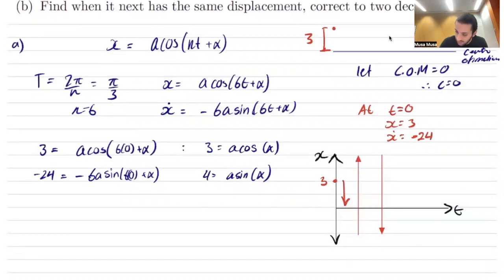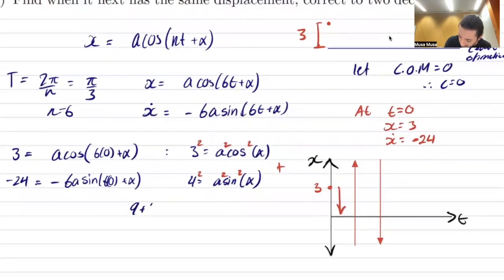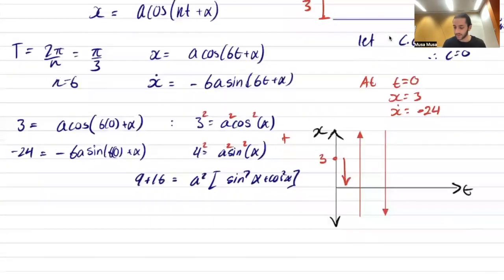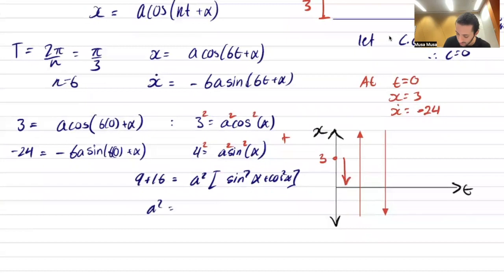Now it's kind of like back in year 11, we have to eliminate the parameters. So I'm thinking square both, and then add. So we get 9 plus 16 equals a squared, then take this out of the bracket, sine squared alpha plus cos squared alpha. Obviously, sine squared plus cos squared is 1, so we get a squared equals 25, and from here a equals 5.